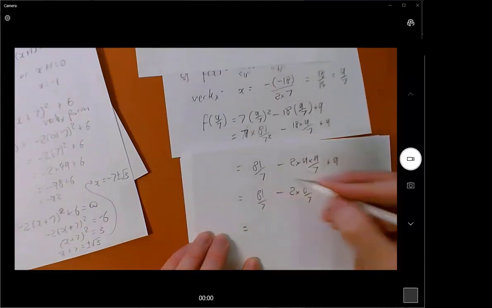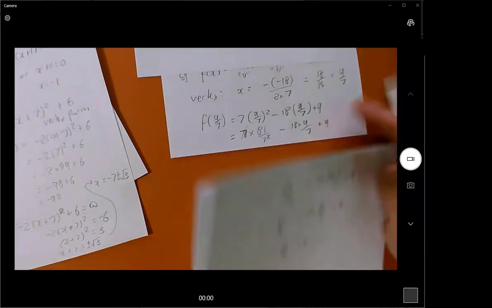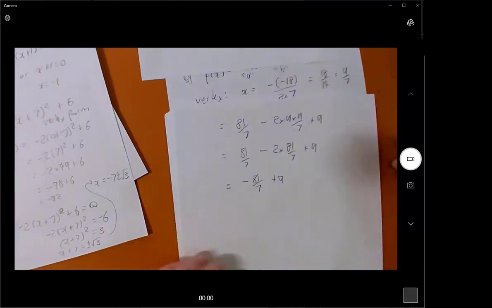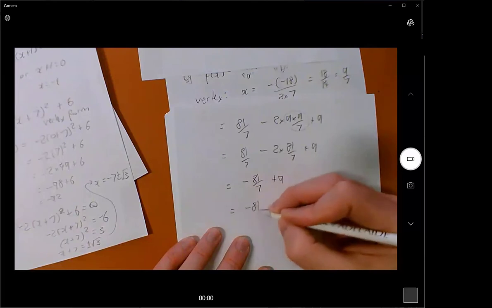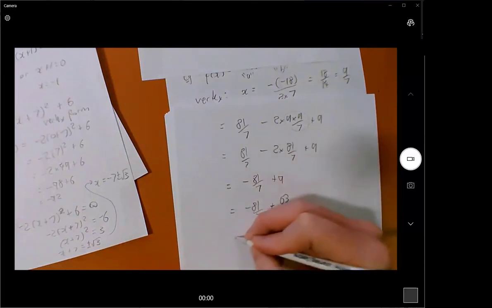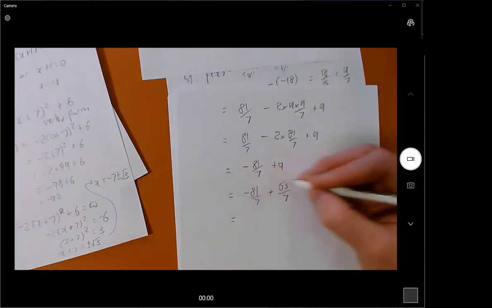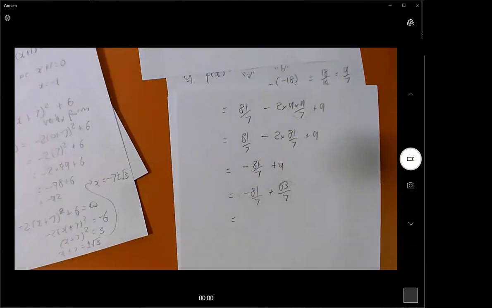And so I've got minus 1 81 on 7 minus 2 81 on 7s is minus 1 81 on 7s. Oh, that's nicer. What's 7 times 9? 63. So 9 is 63 on 7. And so that would be 7 would get me to 70, and then 10 would get me to 80. So I'm at 17 and 18. Cool.